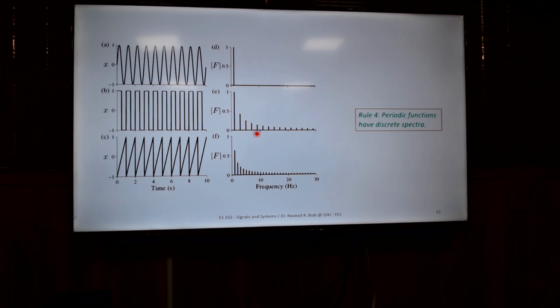And this kind of leads to the concept of Fourier series. I will not cover it in this course, but just so you know, Fourier series is nothing special. It's just because these are now discrete, you can look at it as a series, not as a continuous variable. It becomes a discrete variable.